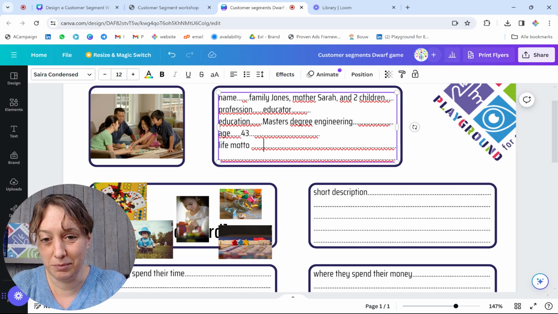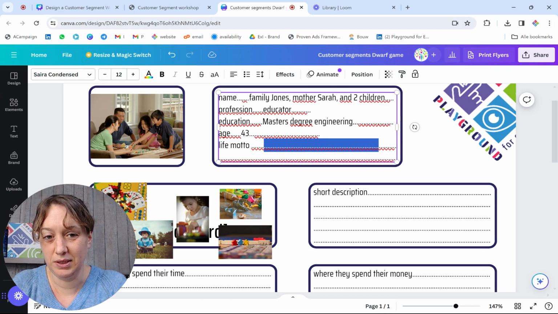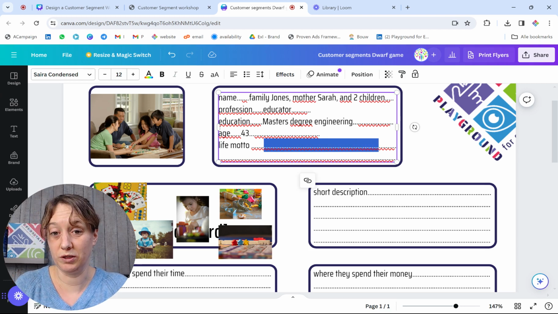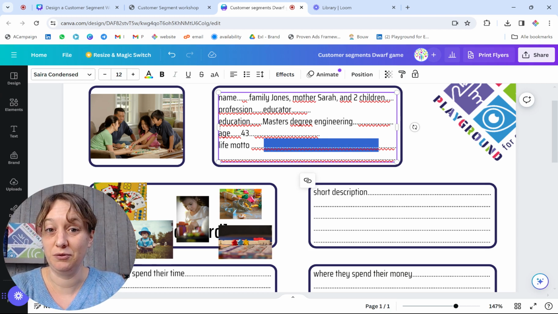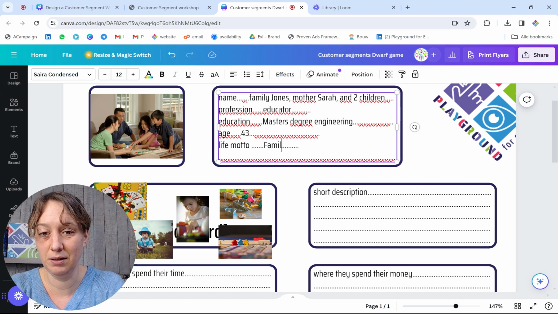Now her life motto. So this is where we would say something that's important to our customers. So Sarah is a person that really takes into account her family. So family is everything.